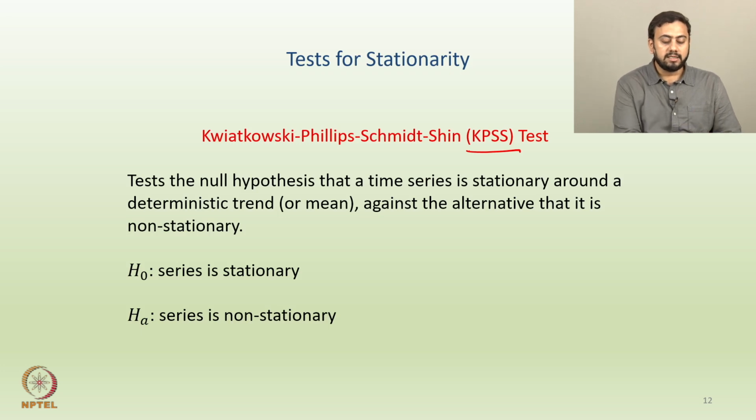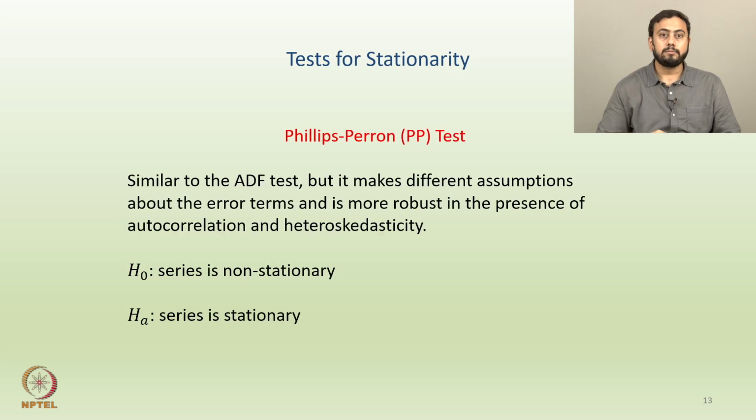So, this tests the null hypothesis that a time series is stationary around a deterministic trend or mean against the alternative that it is non-stationary. The idea of the ADF test was for checking unit roots, while the idea here is to check for a deterministic trend component. The null hypothesis is series is stationary, alternative is series is non-stationary. So, this is the KPSS test.